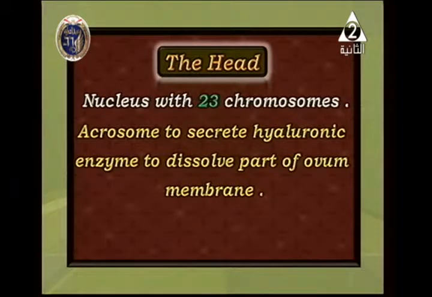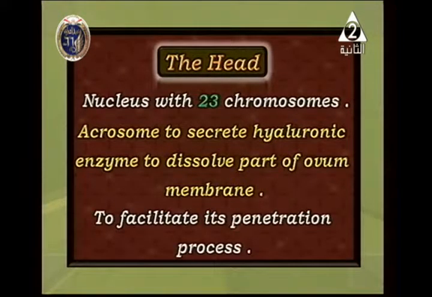The coat that covers the female ovum, and this coat is very thick and made up of an acid called hyaluronic acid. This coat is degenerated and dissolved by using what? Hyaluronic enzymes. So the head of the sperm contains hyaluronic enzyme to dissolve part of the ovum membrane, to facilitate its penetration also.